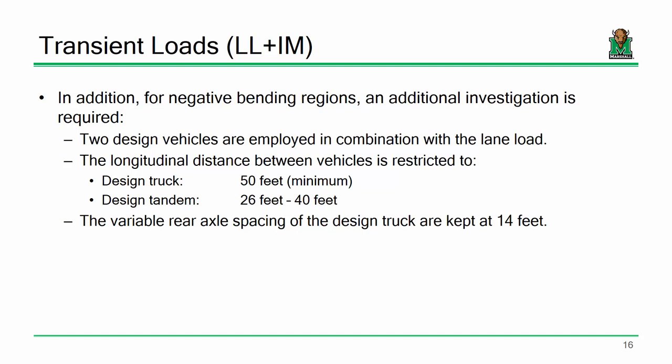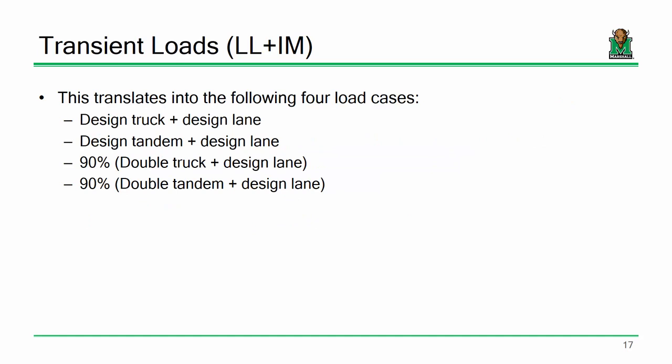So we have a special load case that we have to do anytime we have a bridge with a negative bending region. What we end up doing is putting two trucks on the bridge spaced at a particular interval. I've got some pictures that draw this out in a little bit.